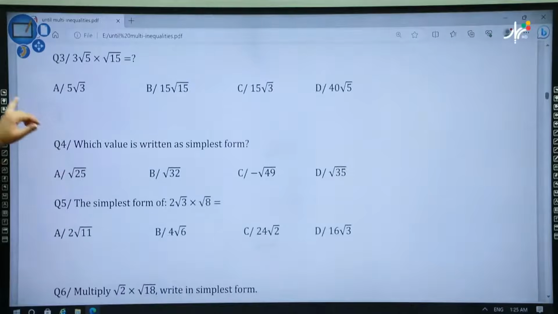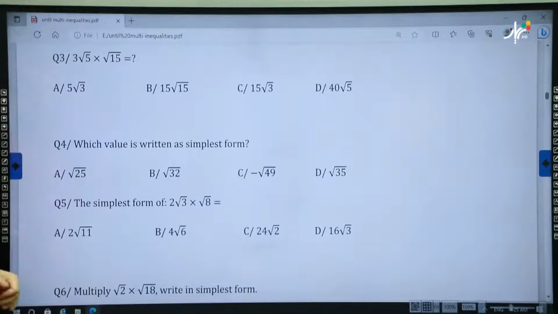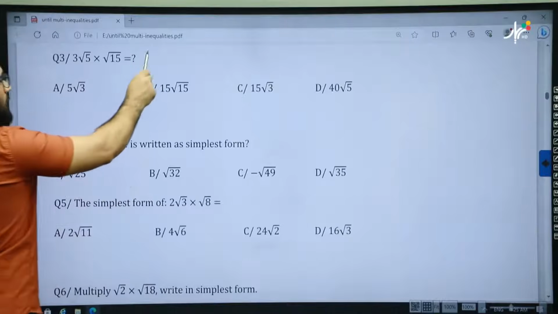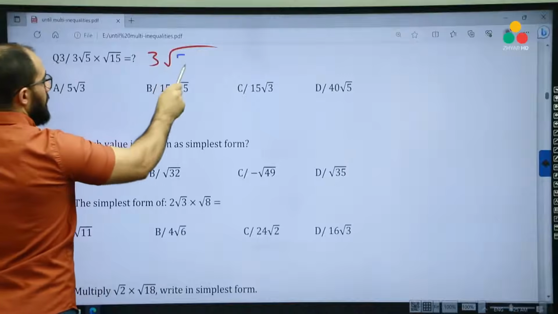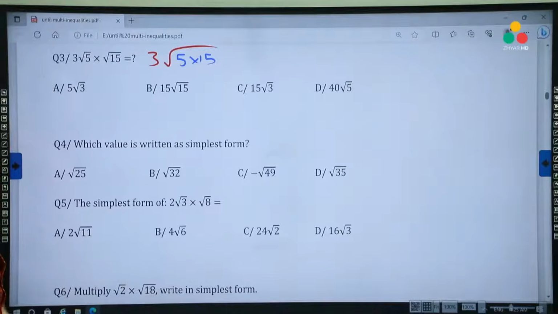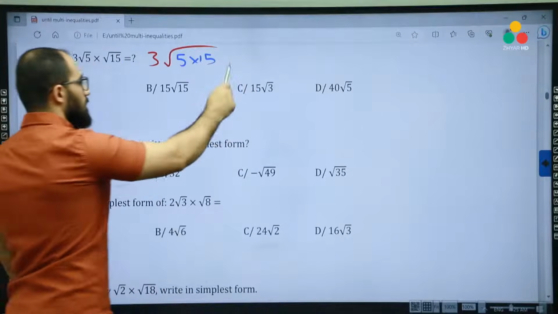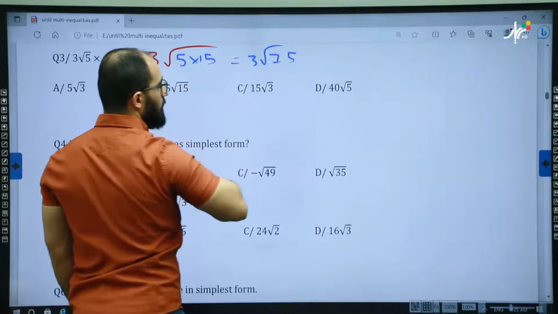Then we have question 3. Again, it is the same type as question 2. 3 square root of 5 times 15. So 5 times 15 is going to be 75. Then 3 square root of 75.